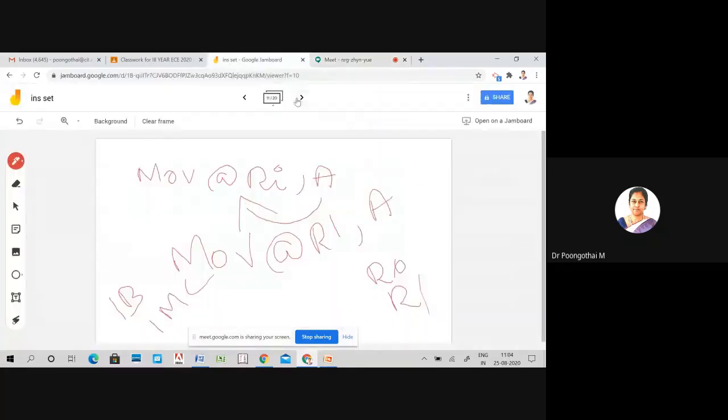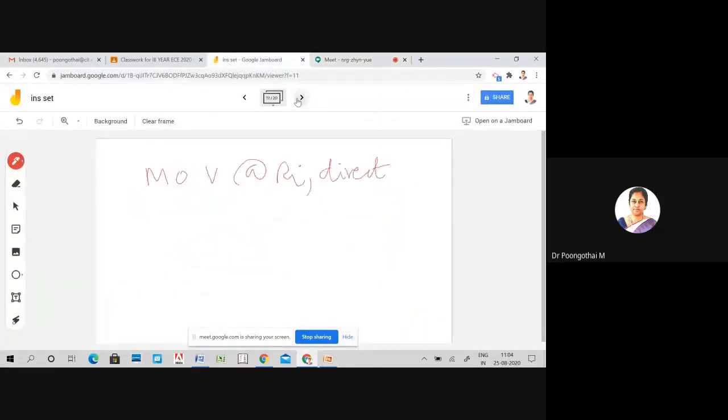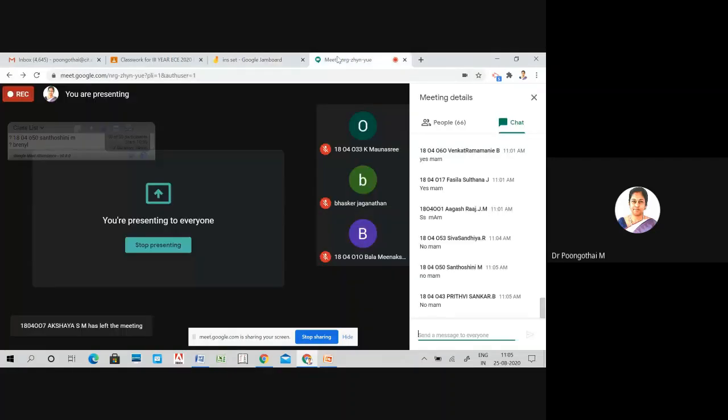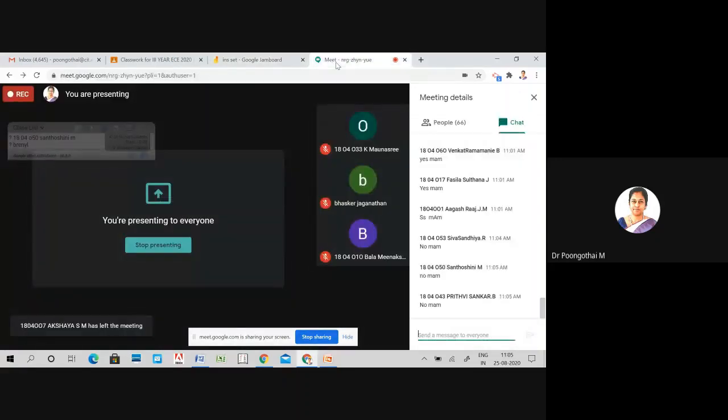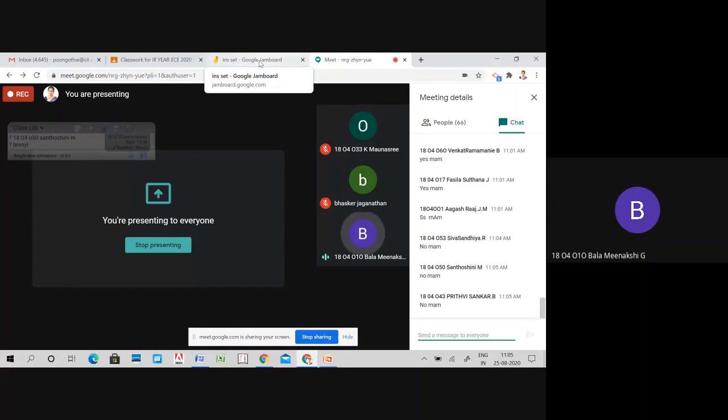Okay. So next one, MOV @Ri, direct. So what is the purpose of this instruction? Please tell me. Quickly respond. And here the address value is directly stored in the address pointed by the Ri register.